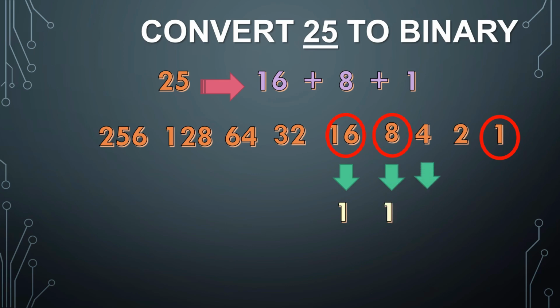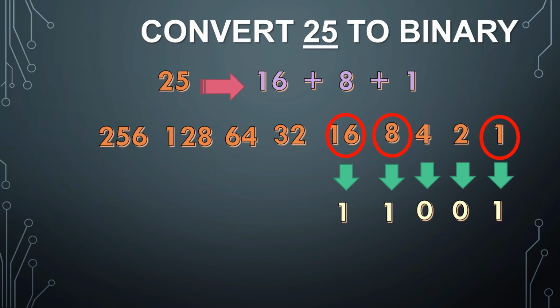Because we don't have 4, the equivalent is 0, and we don't have 2, so the equivalent is 0 also, and 1 is equal to 1.